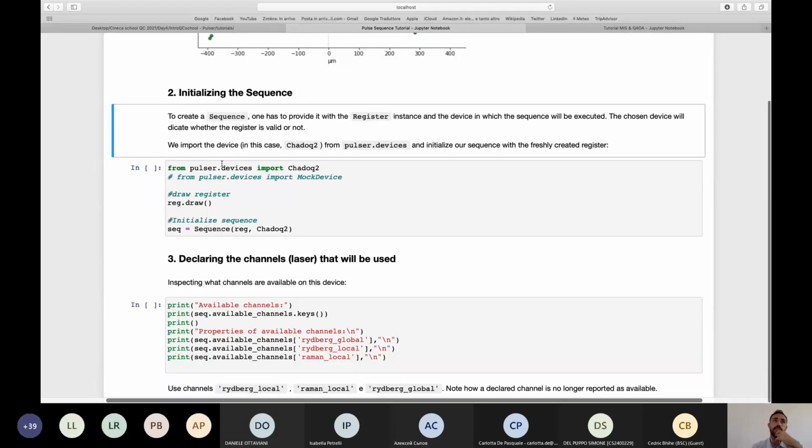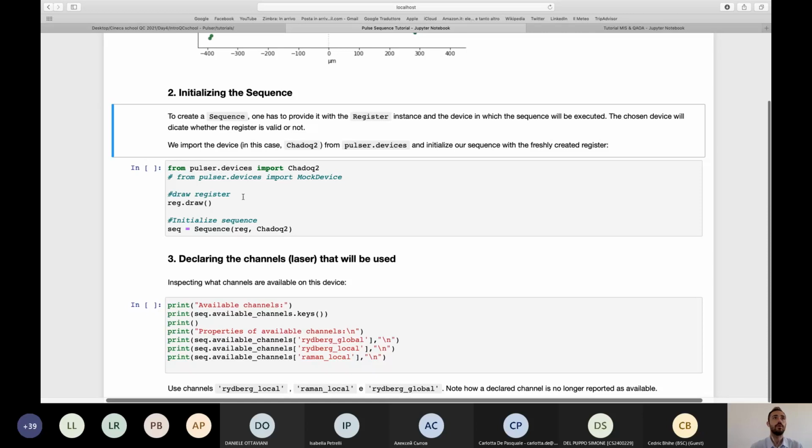We have this sequence command, and we will import this device, which is Chadoq or something, I don't know, which reflects the real device, or you can also import a mock device.